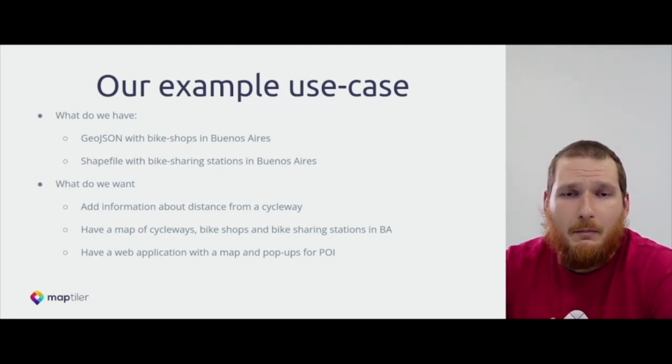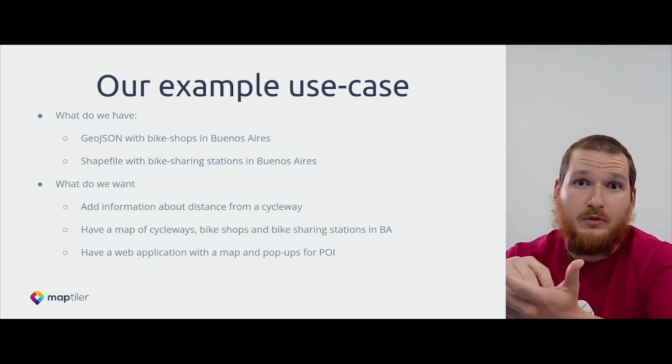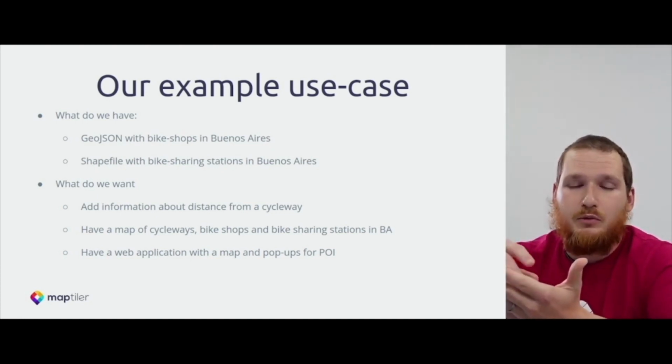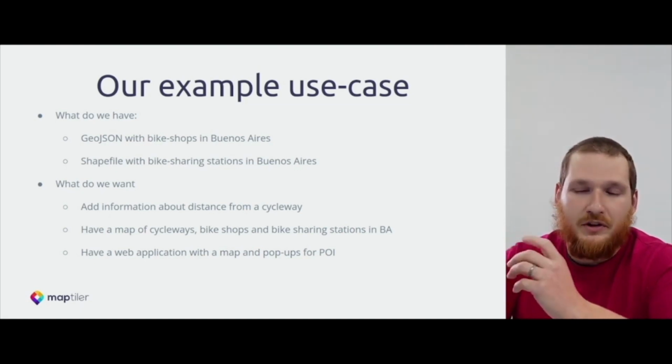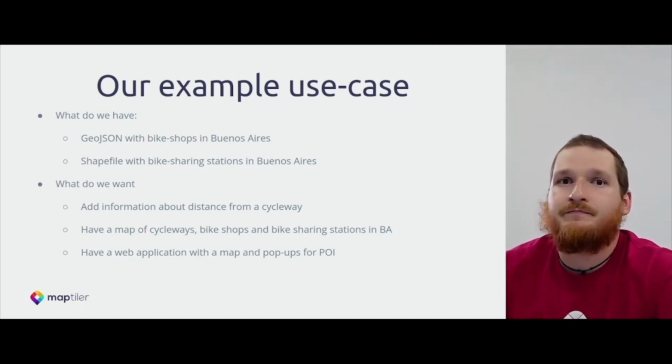We want to have a map of cycleways, bike shops, and bike sharing stations, and we want to display the map in our app, on the phone, and we want to have pop-ups so we can click on the bike shop icon and get a pop-up with some additional attributes, some additional information, for example, the distance from the cycleway.